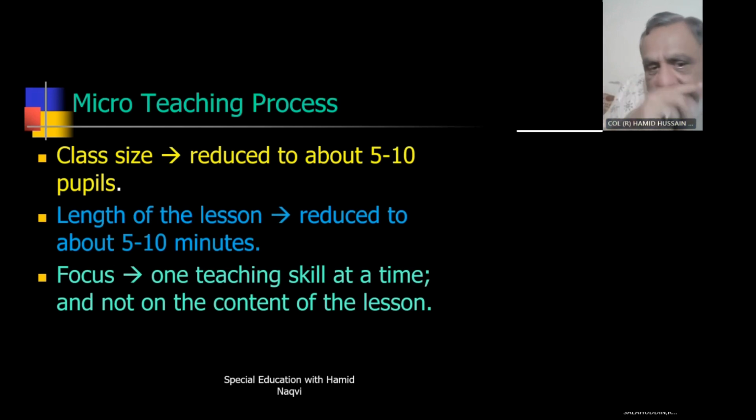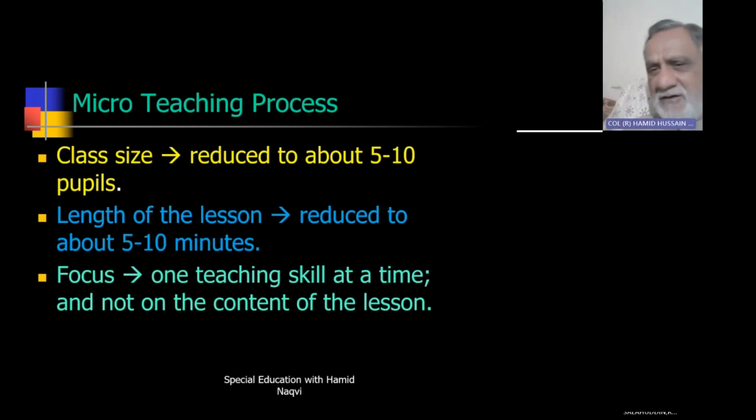Second, length of the lesson. I mentioned while defining what is micro teaching, I told you the length of the lesson is reduced to about 5 to 10 minutes. Remember the figure? 5 to 10 students, 5 to 10 minutes.